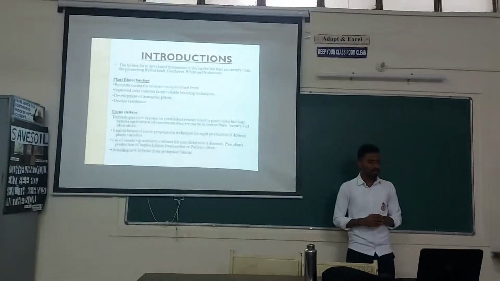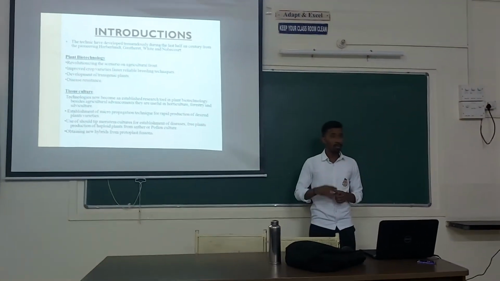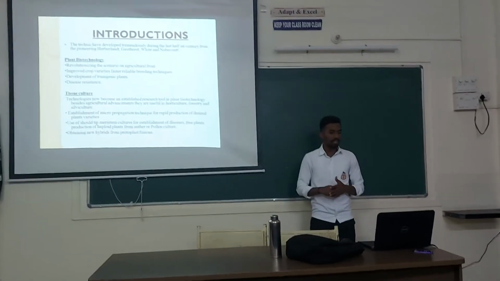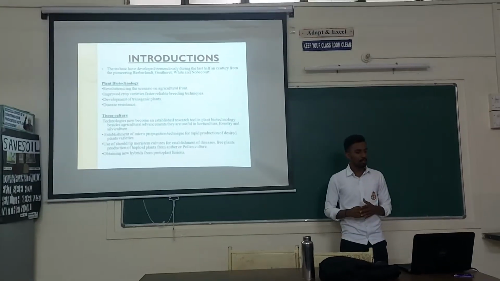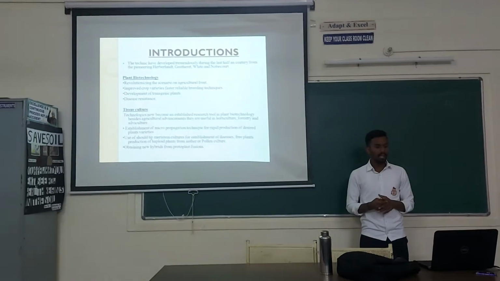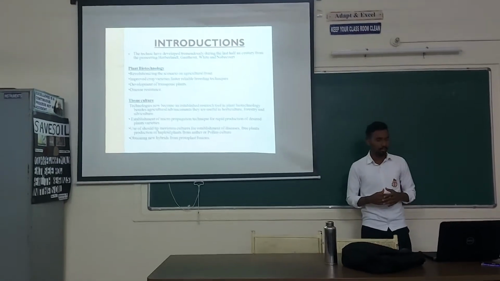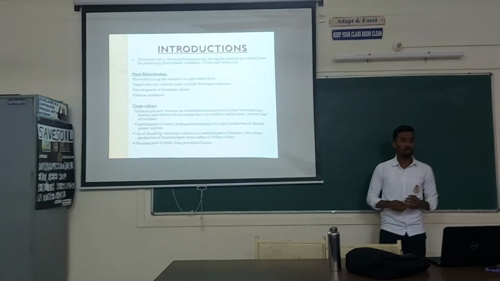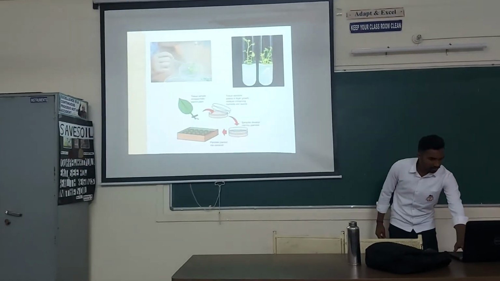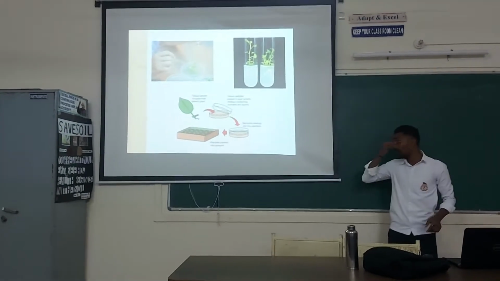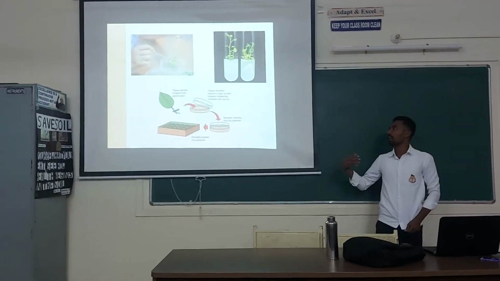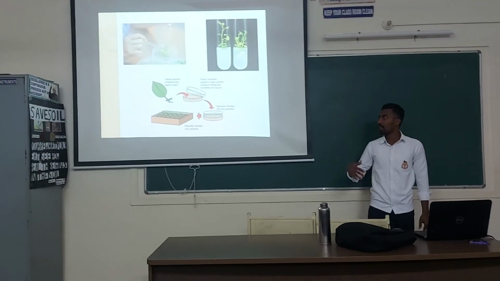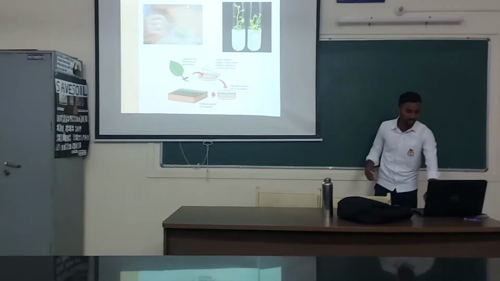Shoot tip meristem cultures are used for establishment of disease-free plants, along with production of haploid plants from anther or callus culture, and obtaining new hybrids from protoplast fusions. These are some of the techniques that have evolved over half a century.